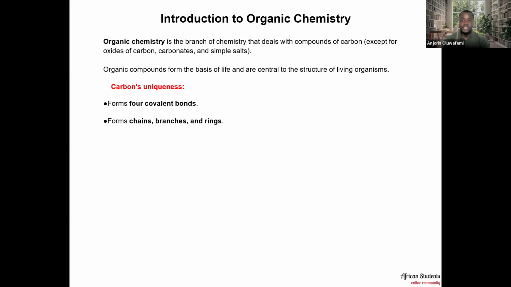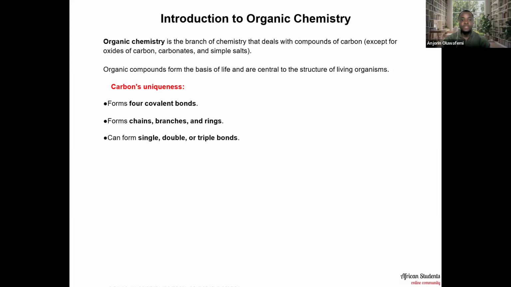You can have branches that are set off from the main chain. It can also form rings, where we have the cyclic organic compounds like the pyridines and the aromatic compounds. So it also forms rings too, okay? Benzene and so on.